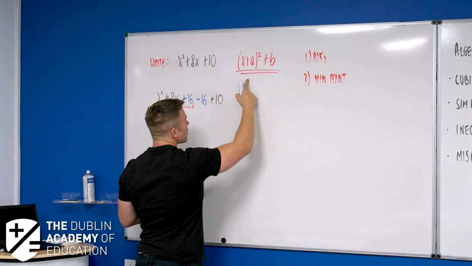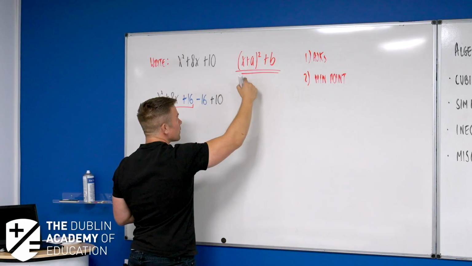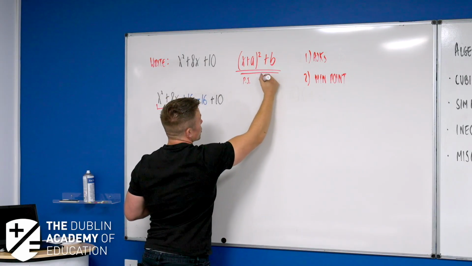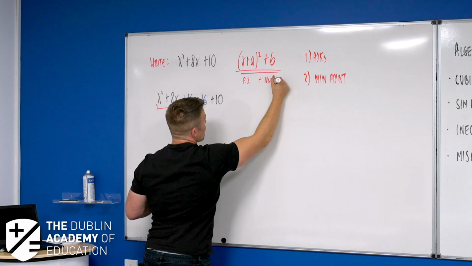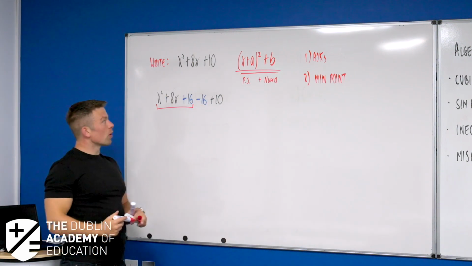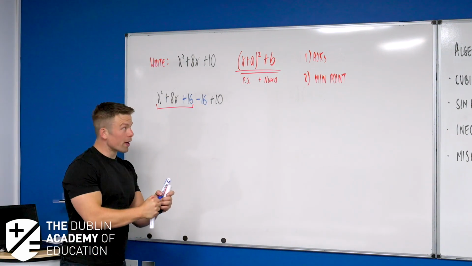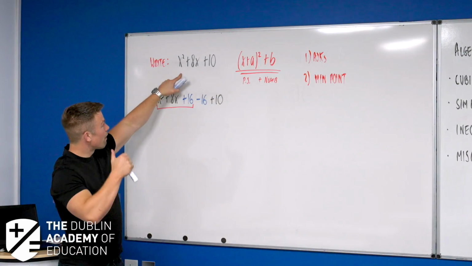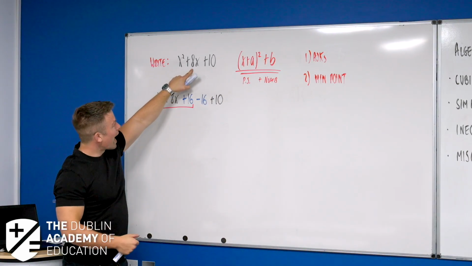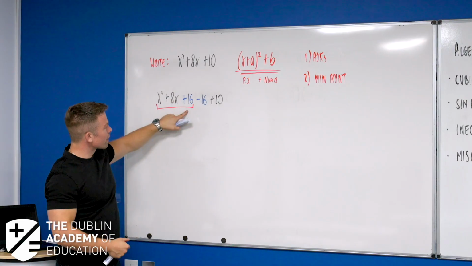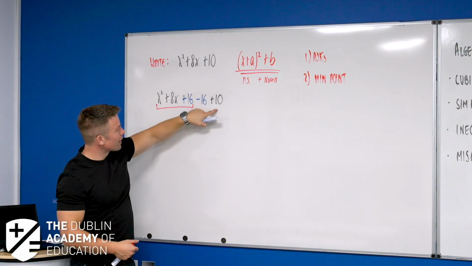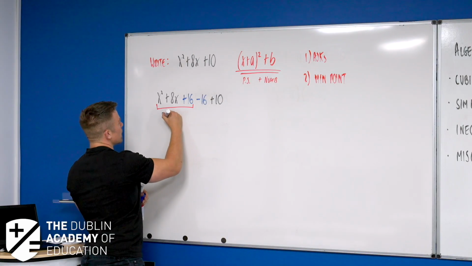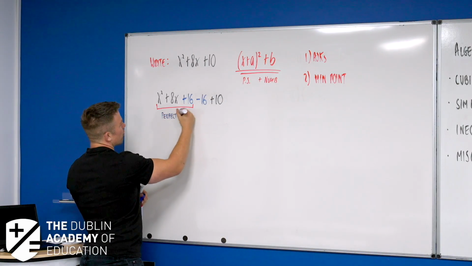So you can see we want our answer as a bracket squared, i.e. the perfect square, plus b, which is just plus another number. Every single quadratic in the world can be written as a perfect square plus another number. If you write down the first 2, half the number in front of x, square it, add it on, take it away, write down the last term, I guarantee you that these first 3 will form a perfect square.